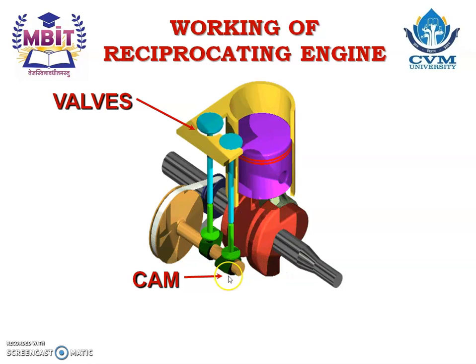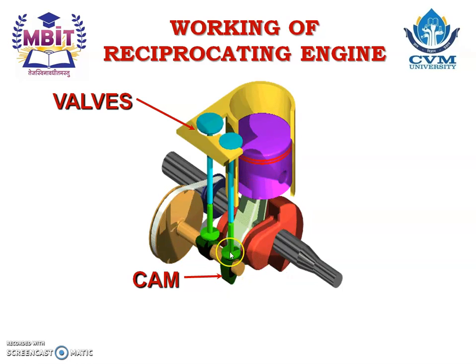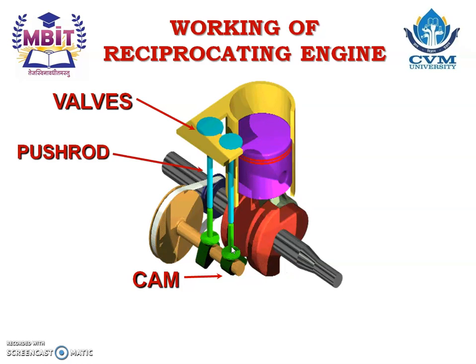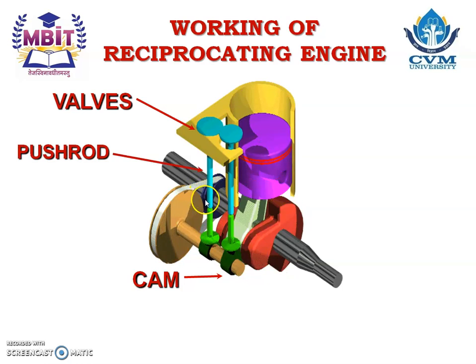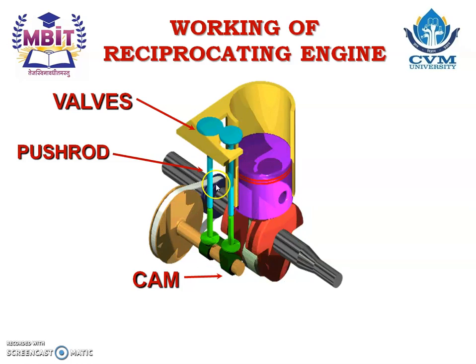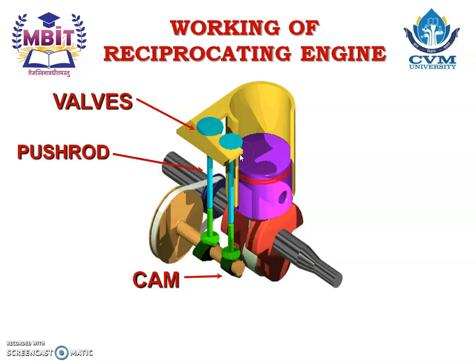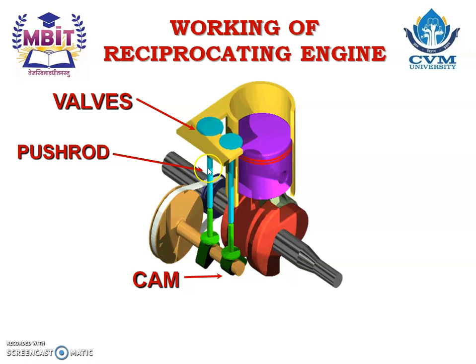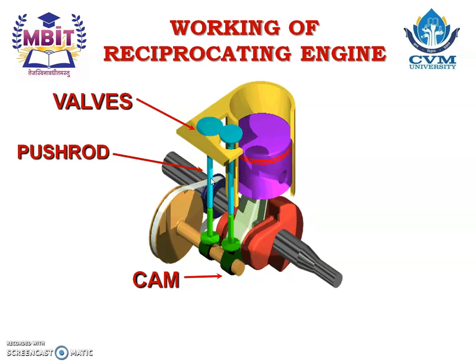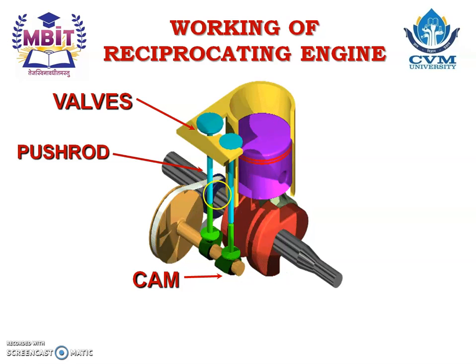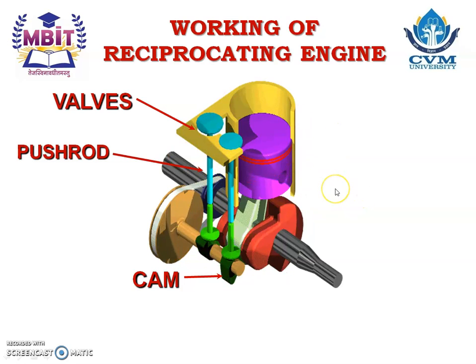Due to the rotation of the cam, the follower, which is light green in color, moves. Due to that, the push rod moves up, and due to that, the valves move up and down. It means valves open or close. Sometimes the push rod is connected to the rocker arm, and then the rocker arm is connected to the valve.